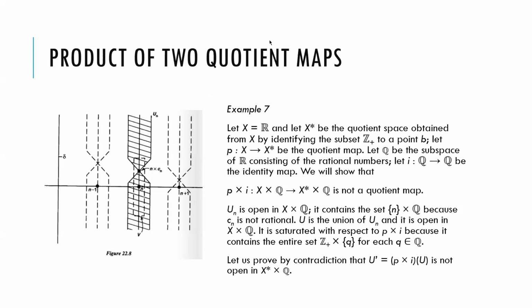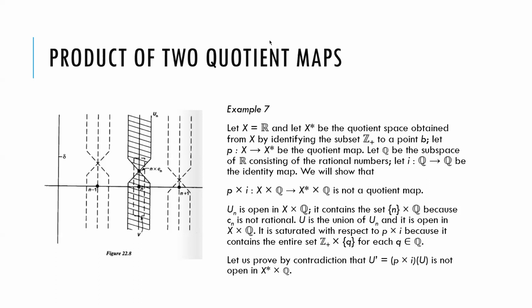And Q is the subspace of R consisting of the rational numbers, and I is the identity map which maps Q to Q. What we're going to show is that p cross I, mapping X cross Q to X star cross Q, is not a quotient map, even though both of our initial maps are quotient maps.